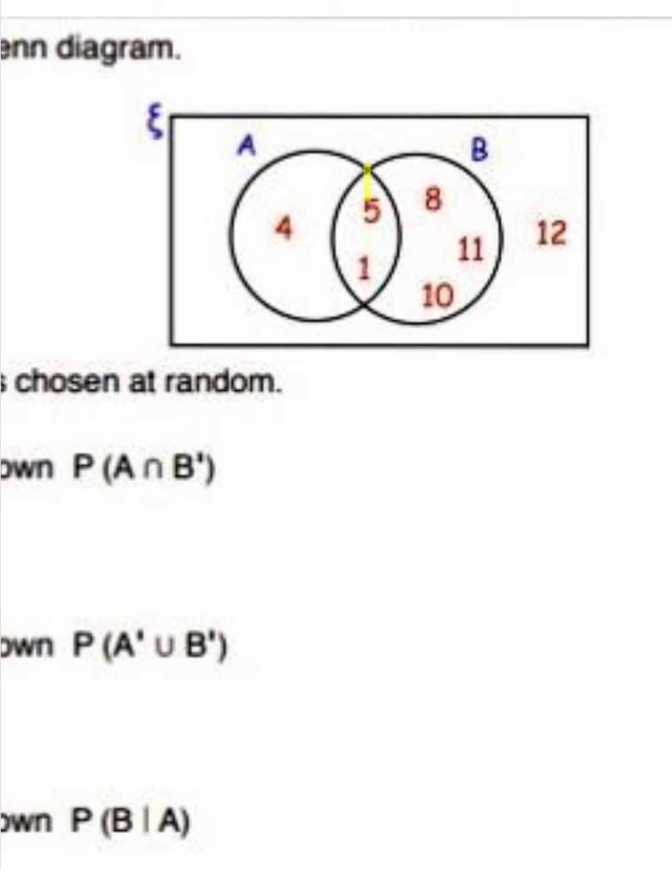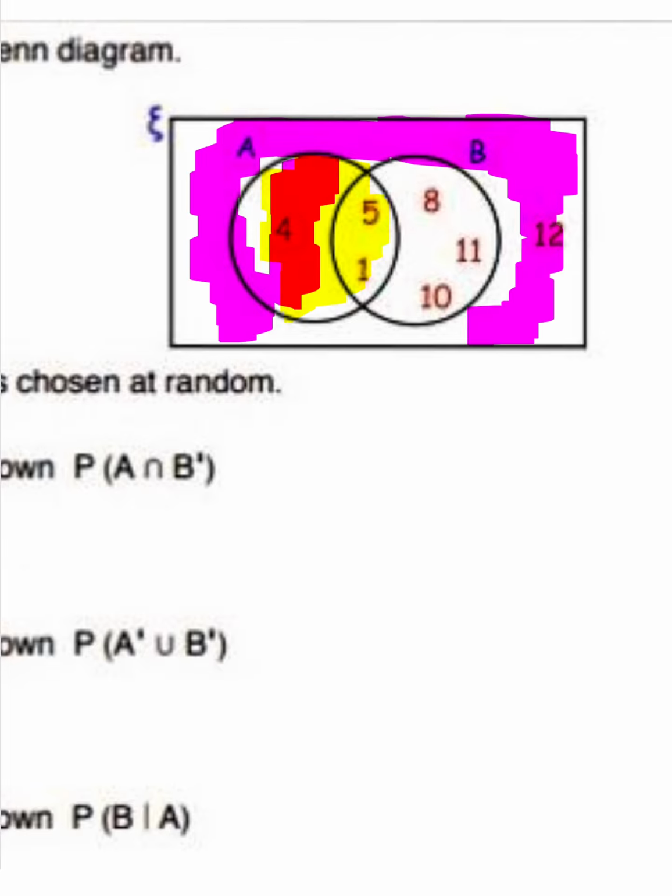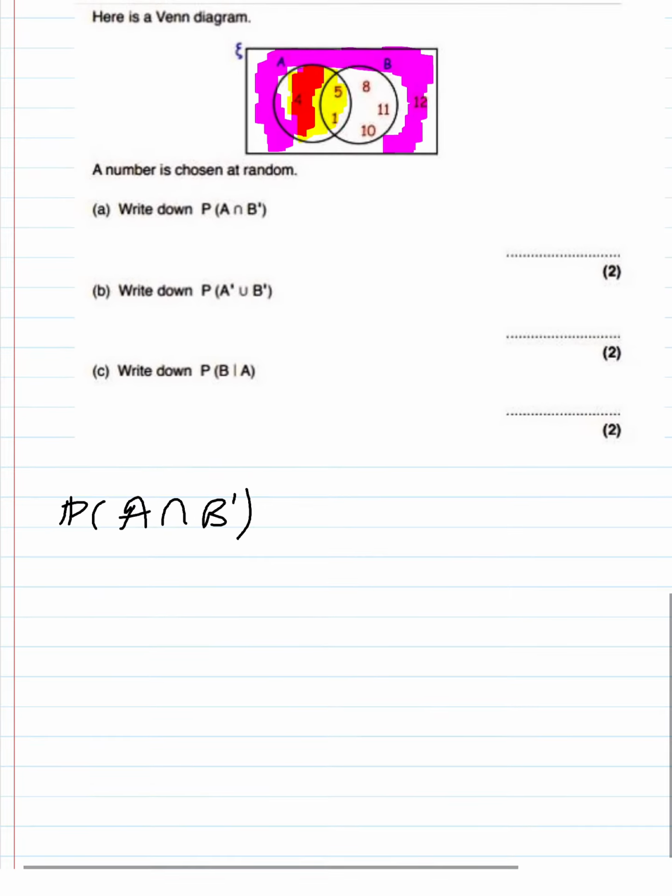So the elements in A are highlighted in yellow, as I've just done, and the elements in not B are highlighted in pink. The elements in not B means everything in A and not B and all of the outside elements. As we can see, we're asked for the intersection of both of these events, i.e. the bit that's been shaded both yellow and pink.